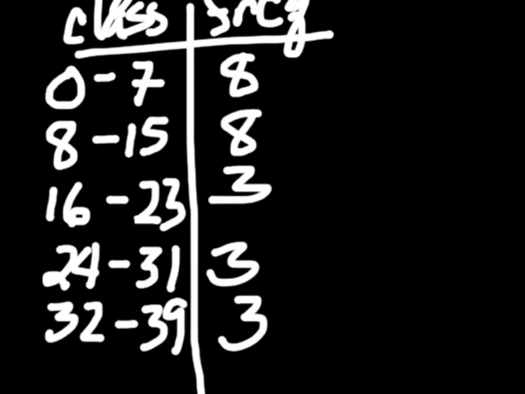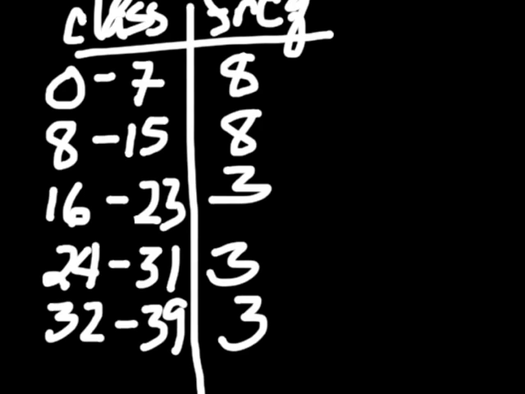But the problem is these are numerical measurements, these classes, and 7 really includes all the numbers that have a 7 in front of it in general.